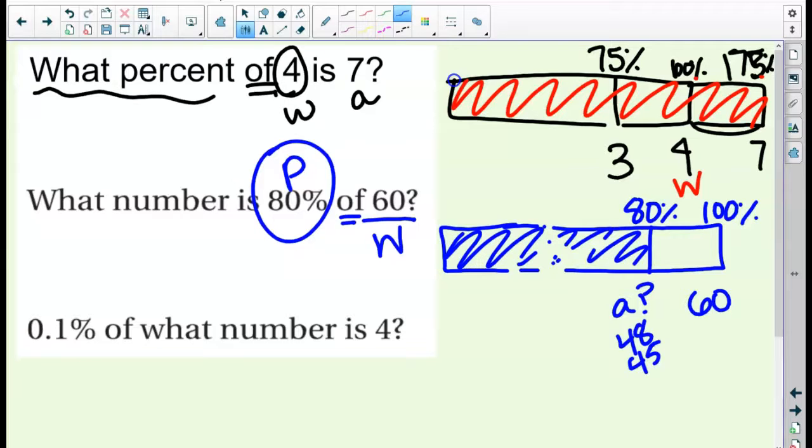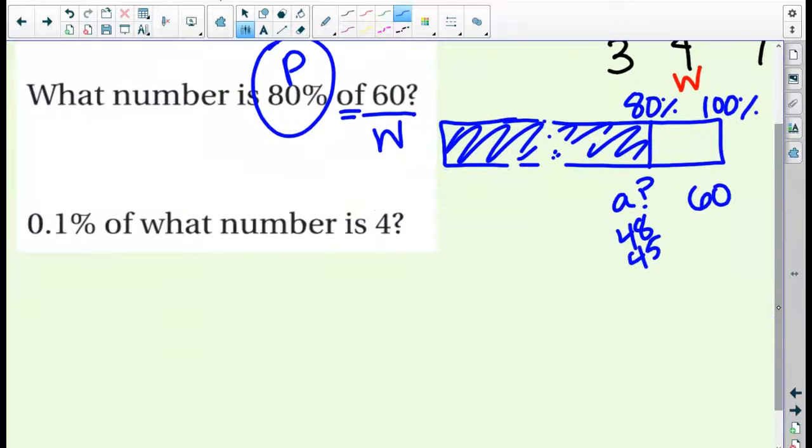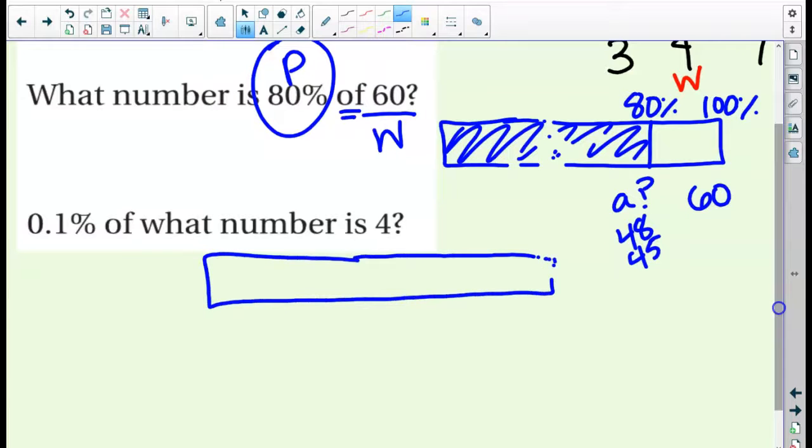Now, we did both of those yesterday. Let's use this last one as an example. 0.1% of what number is 4? All right, what are they giving me here? Okay, part, what letter? A for part, and this is the percent, right?